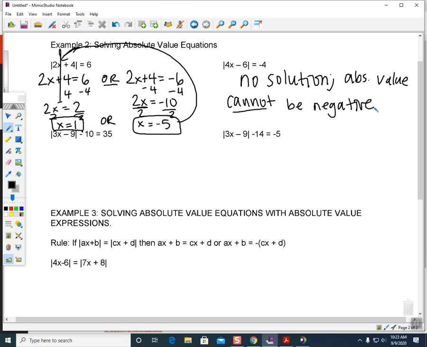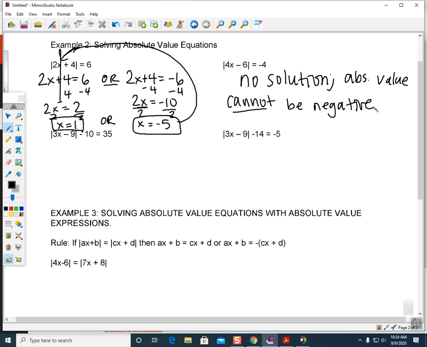All right, these next two require some more steps. So, you have to think of absolute value as something on its own. I can't combine things on the outside with absolute value. So in this one, the absolute value of 3x minus 9 minus 10 equals 35. It would be tempting to combine like terms, right?